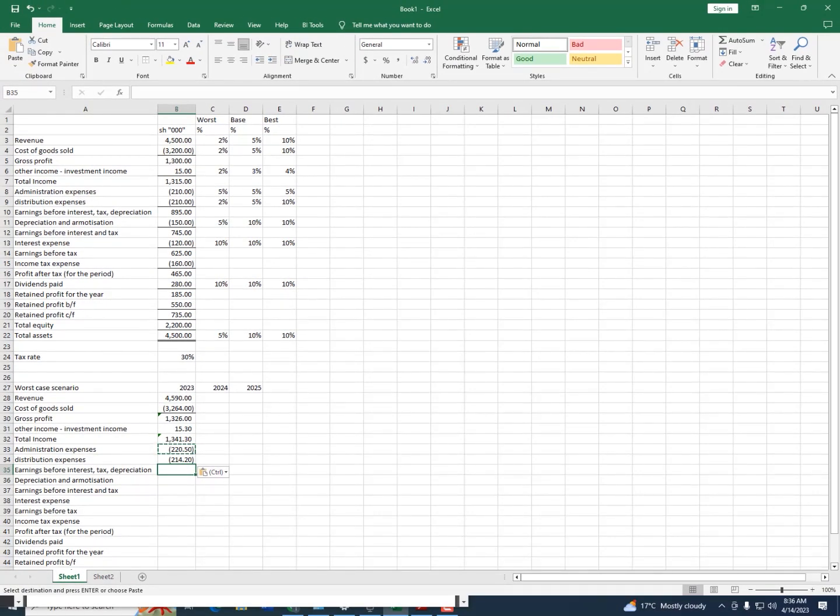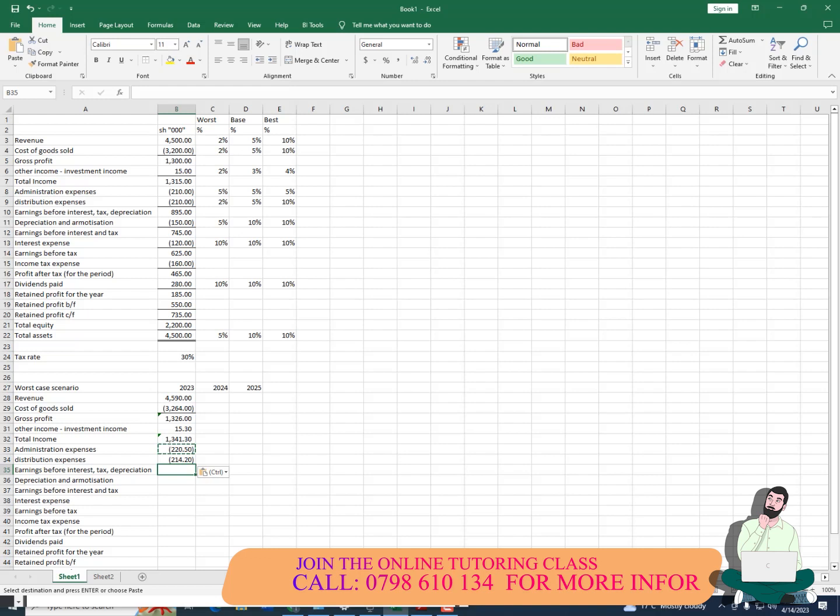So now when it comes to earnings before interest and tax, how do we calculate that? We get the sum of this. So we get the total income minus administration expenses minus distribution expenses.